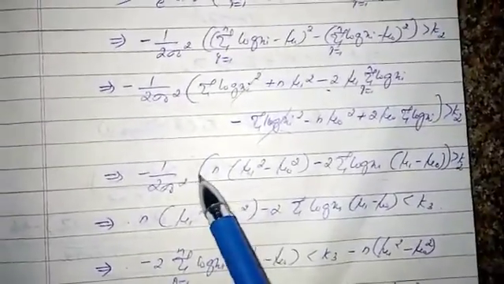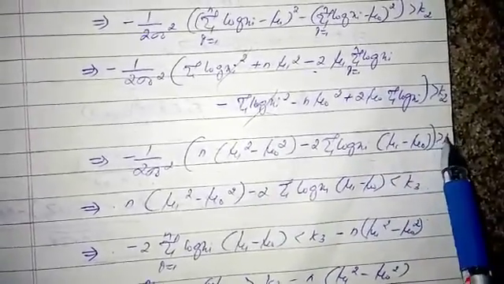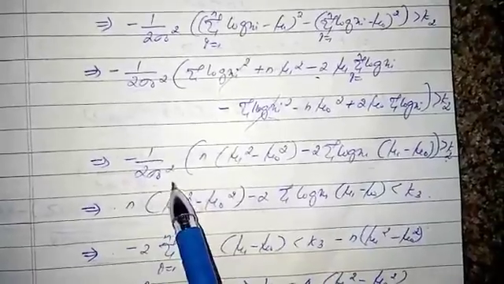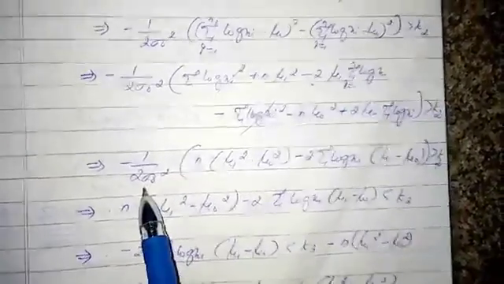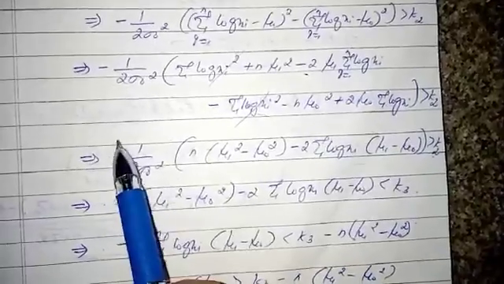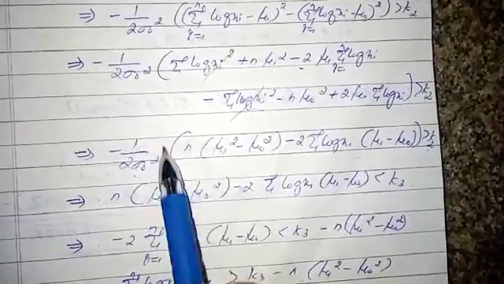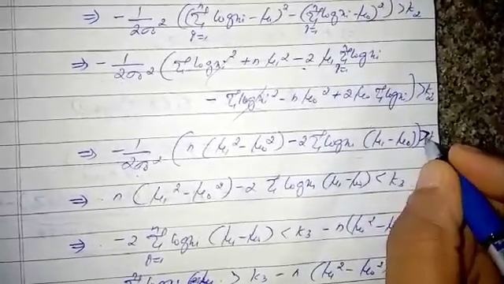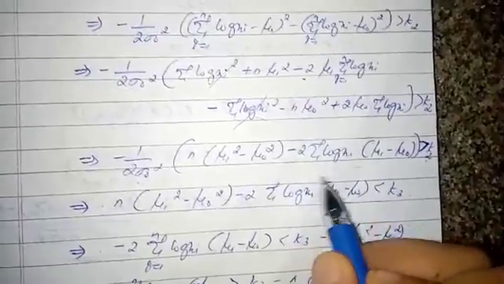Here, minus 1 by 2 sigma naught square into the term is greater than k2. So here we want to multiply the term by minus 2 sigma naught square. Then the inequality changes, because we are multiplying by minus 2 sigma naught square.